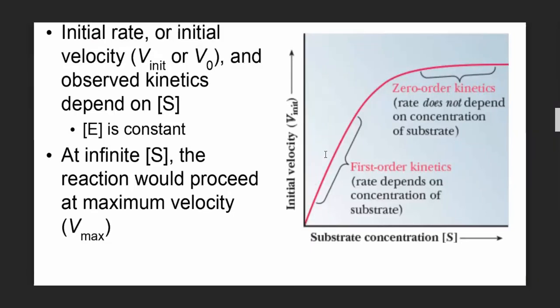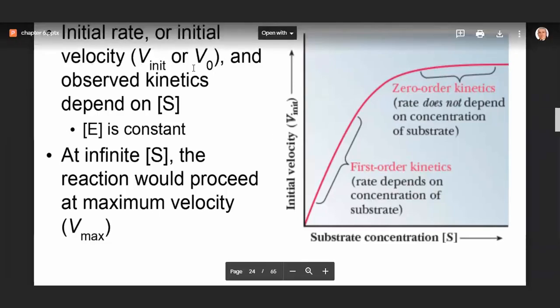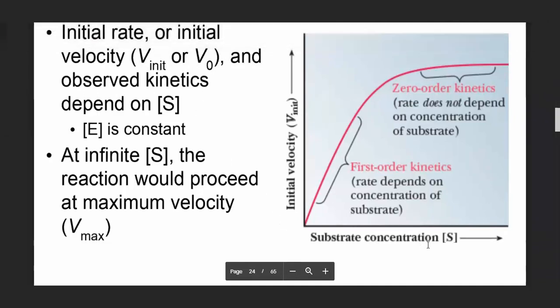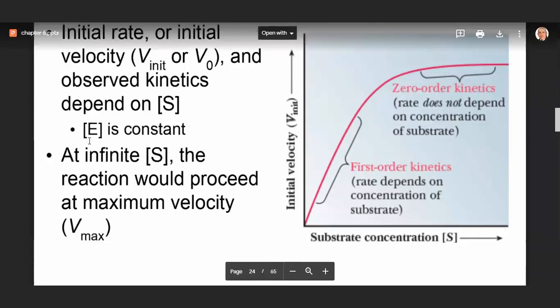And as you can see, this follows first order kinetics, meaning the rate depends on the concentration of substrate. Of course, initial rate or initial velocity is V initial or V0, and S is the substrate concentration, and we assume that the concentration of the enzyme is constant.